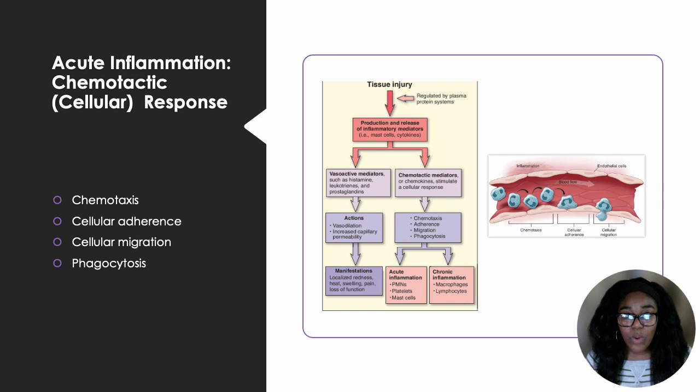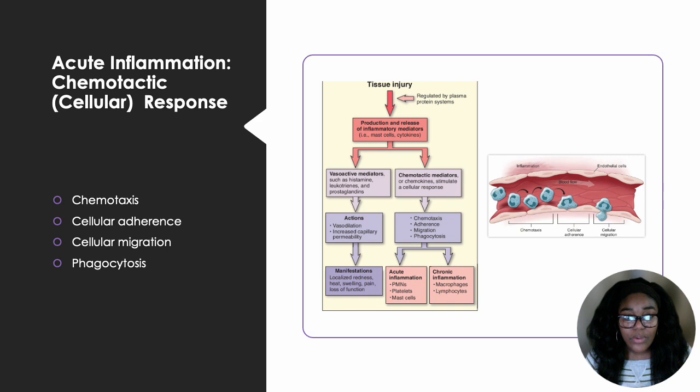So again, we're working with the area of tissue injury when it comes to those chemotactic mediators. We're literally spreading those cells apart and getting the necessary white blood cells to the site of injury so we can have phagocytosis and eventually the engulfment of those harmful elements.